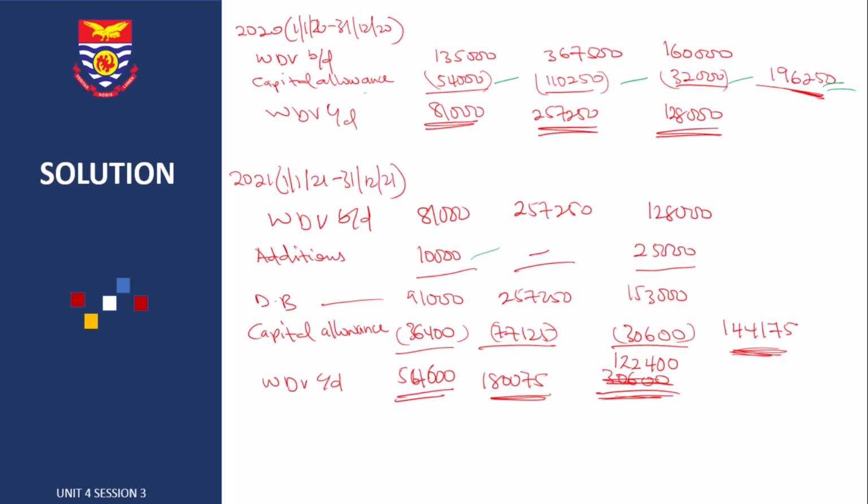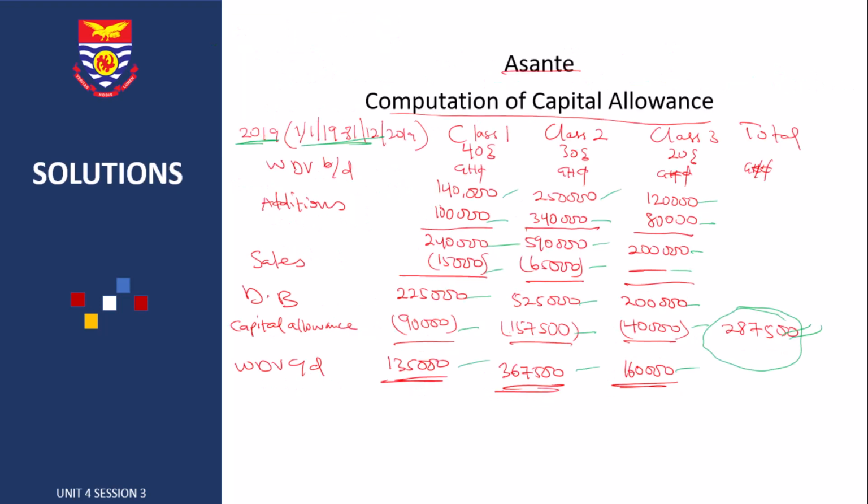And then here we are going to mark the additions, then we mark these ticks. So please take notes, because these things sometimes carry marks. Please take note of how this is marked. Sometimes the name and then the heading, capital allowance for the relevant years, can give you some marks. So please look at the presentation very well so that when you are given a question, you'll be able to solve it and present it well.